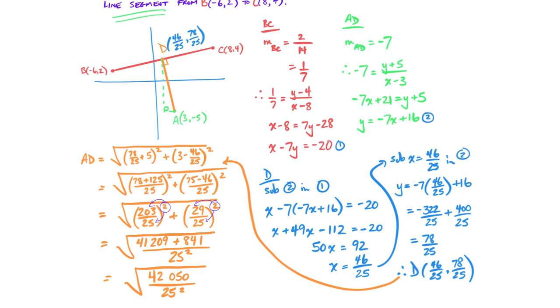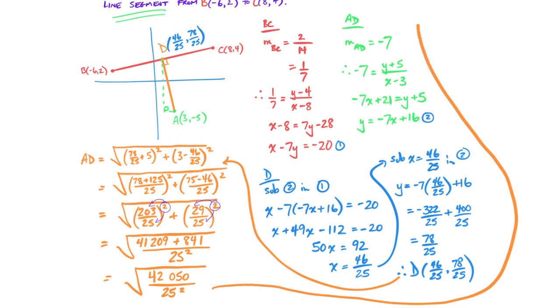Because look what my next operation is going to ask me to do. I'm either going to reduce that fraction on the inside, or I'm going to take the square root of 25 squared. I am running out of room, so I am going to wrap all the way around here so I can continue my work.